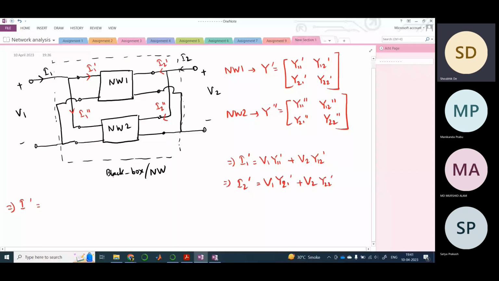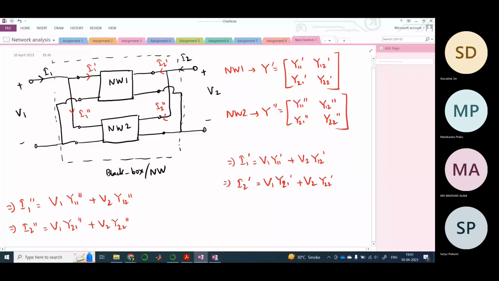I1 double dash would be, same voltage again, right? V1 y11 double dash plus V2 y12 double dash, and I2 double dash is V1 y21 double dash plus V2 y22 double dash. So these are the two sets of equations that we got.